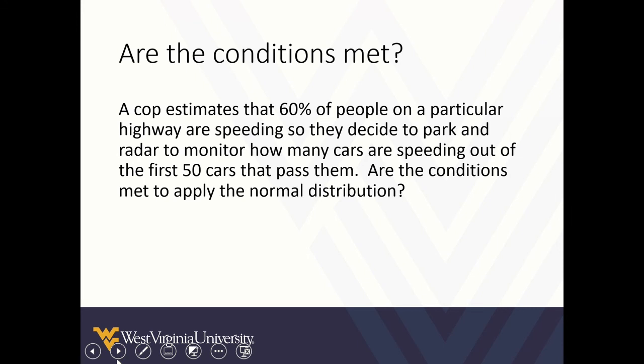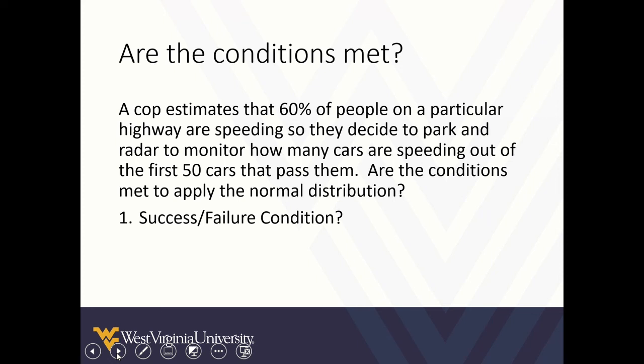And so we can ask if our conditions are met. Considering this example, a cop estimates that 60% of people on a particular highway are speeding, so they may decide to park and radar to monitor how many cars are speeding out of the first 50 cars that pass them. Are the conditions met to apply the normal distribution?